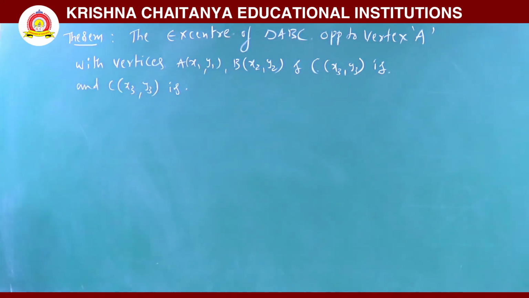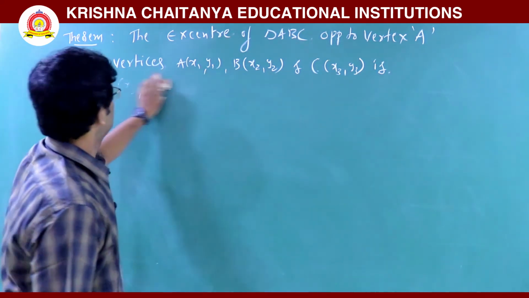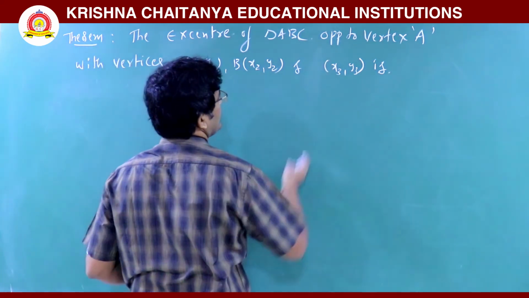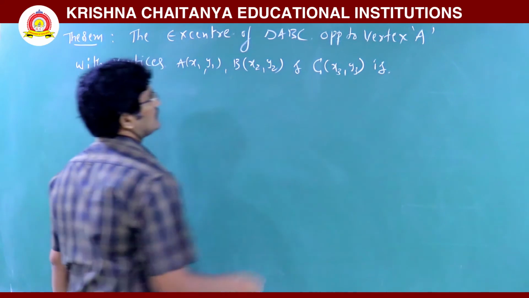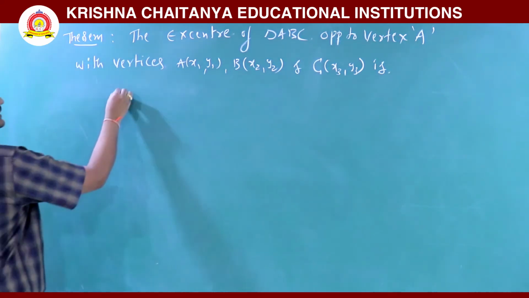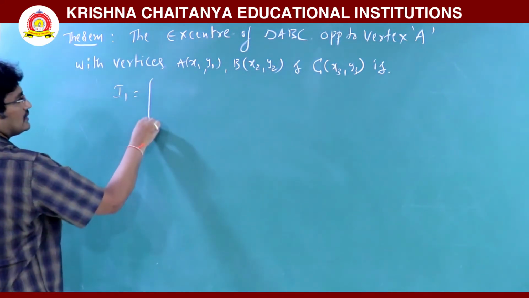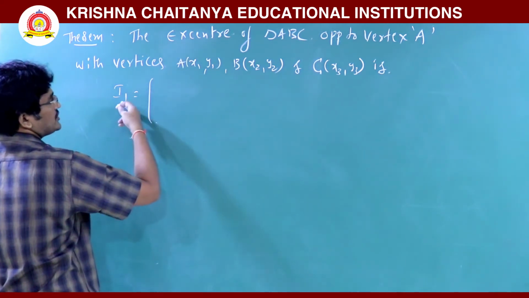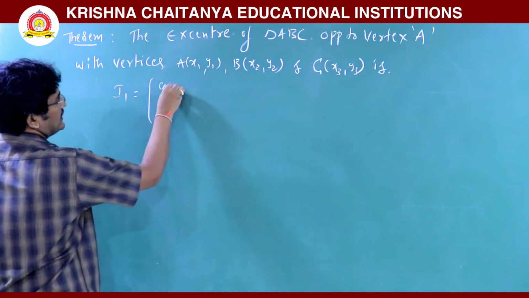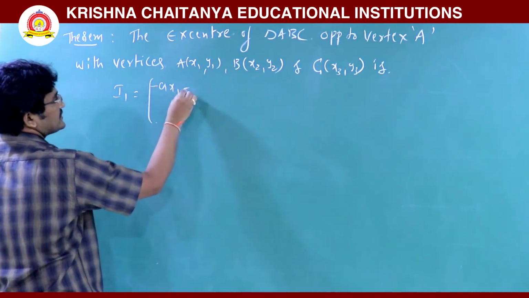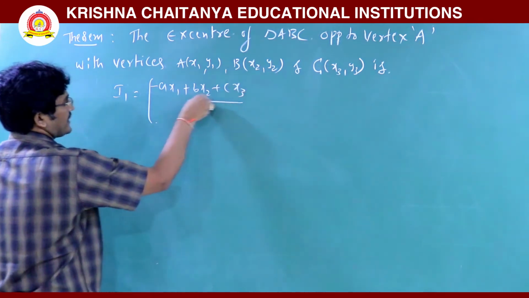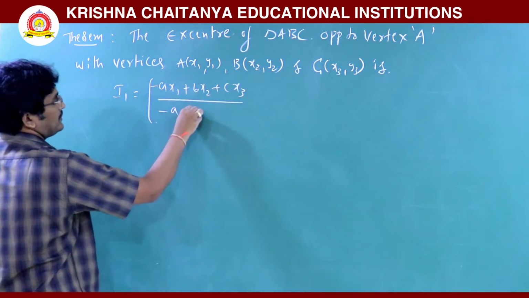The formula is I1 is equal to, the abscissa of excenter opposite to A: minus a x1 plus b x2 plus c x3 by minus a plus b plus c.